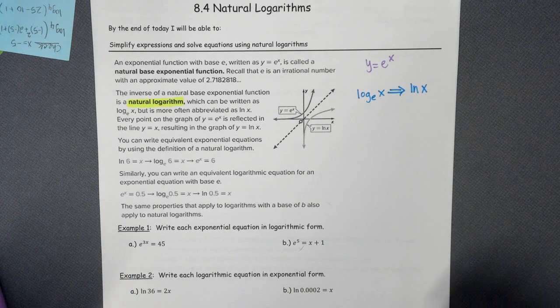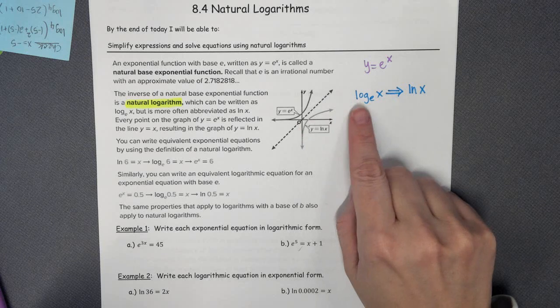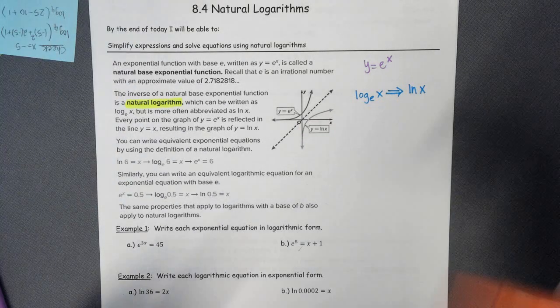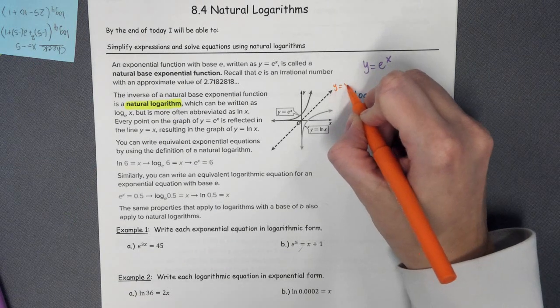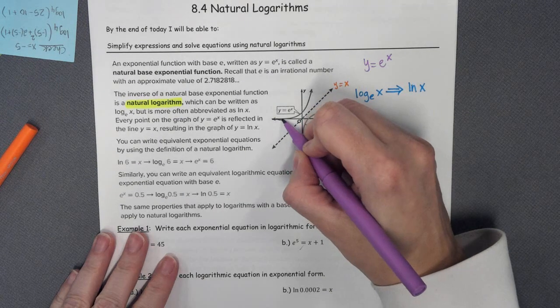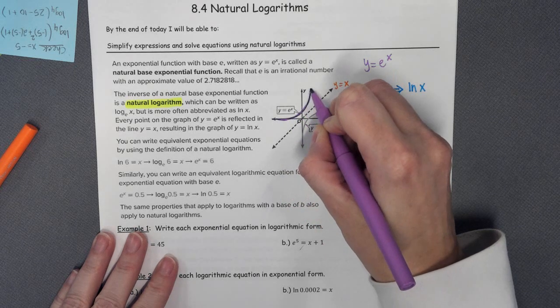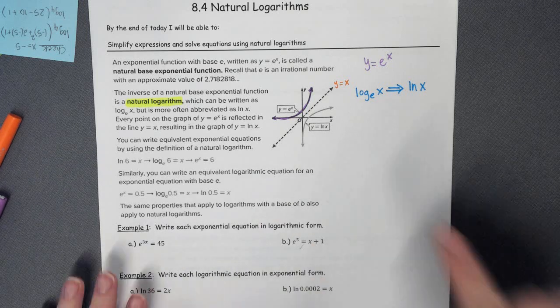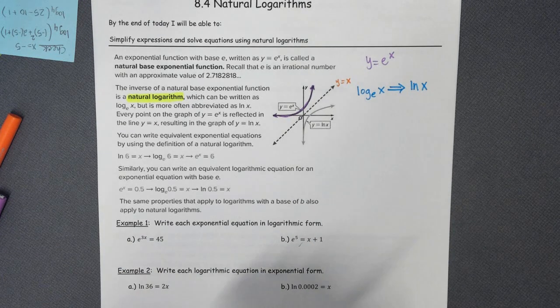Now let's look at this graph here. Remember, when you have inverse functions, they're reflections over the line y equals x. So anytime you have your exponential function, remember how we have a horizontal asymptote? And whenever we have a log function, we have what type?